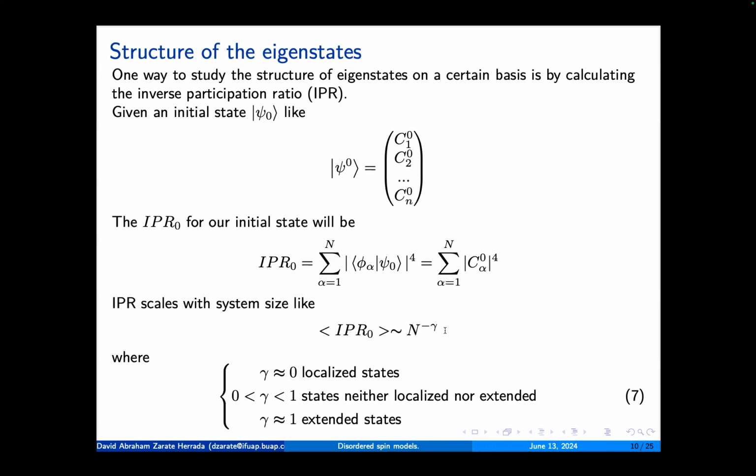If the IPR is very similar to N to the minus 1, that means that all eigenstates contribute in the construction of our initial state.